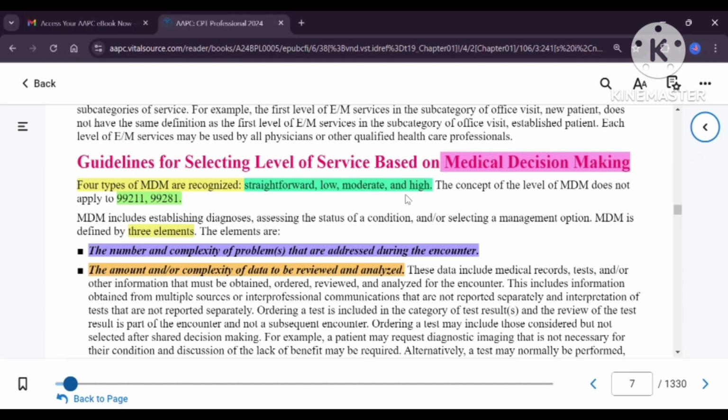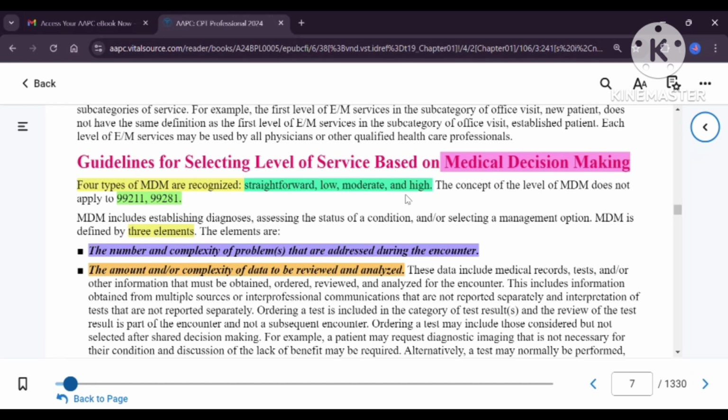If I say straightforward, the problem will be very minimal. If I say low, the problem is a little bit, and moderate, the problem is a little severe, and high means it's very severe. It needs immediate attention. So these are the 4 levels of MDM which will help us to report with different codes.